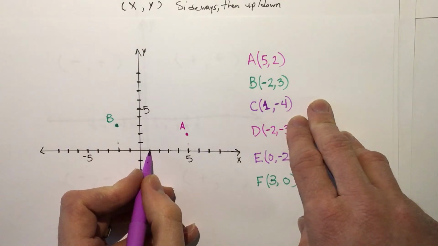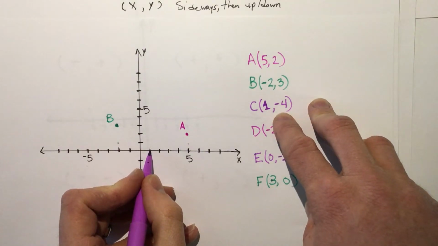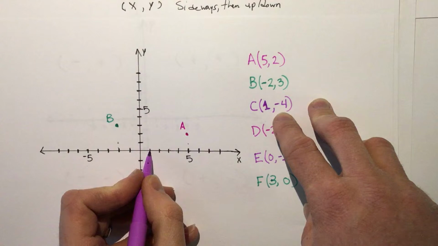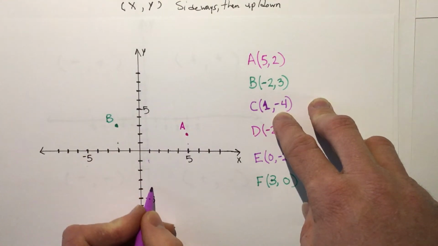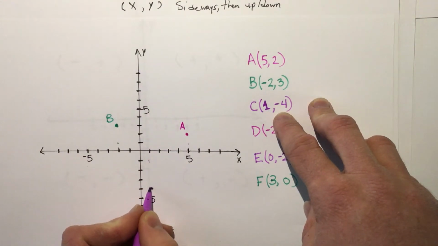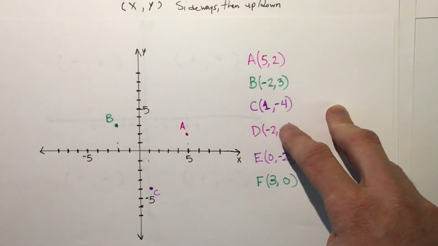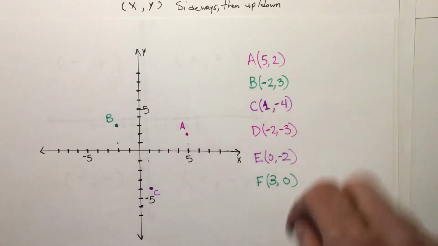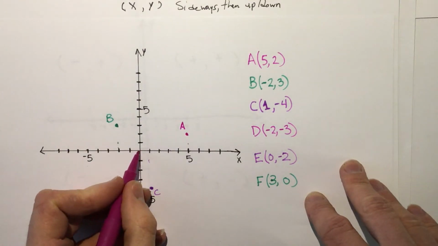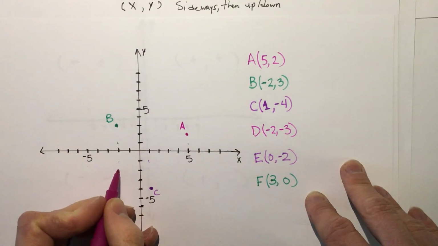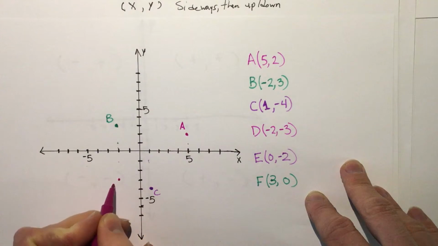Sideways to the right 1, but -4. So that means instead of going up, we're going to go down 4 to -4. Put our point and label that. If they're both negative, D is (-2, -3). We'll go left 2, down 3.